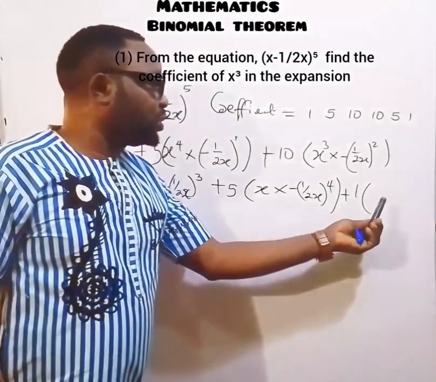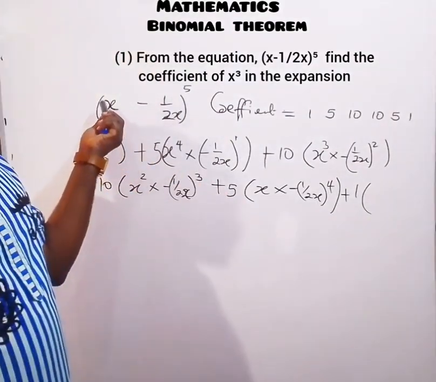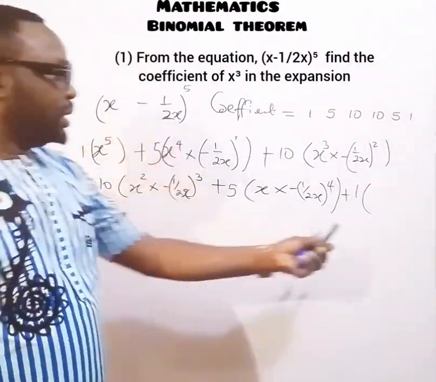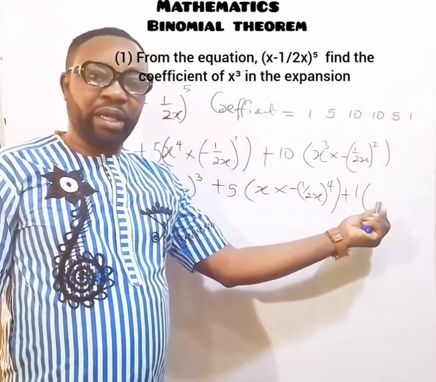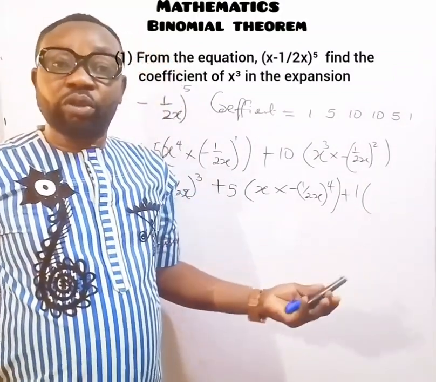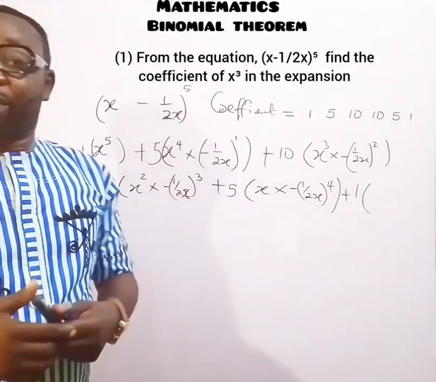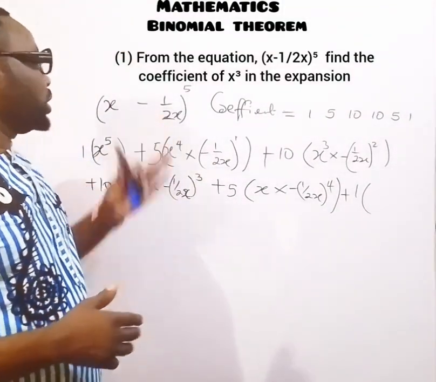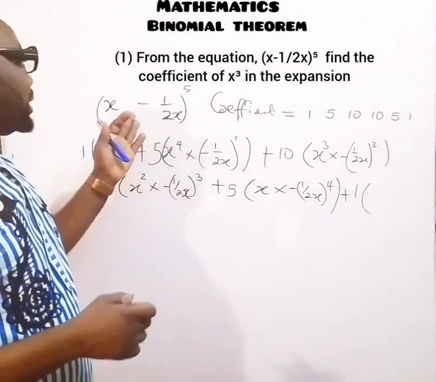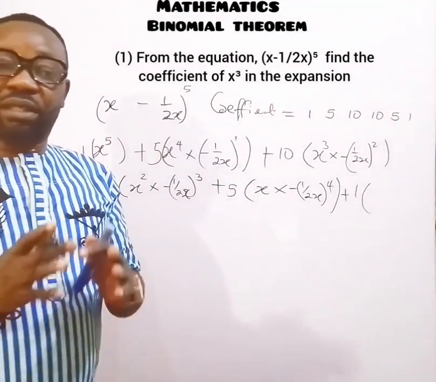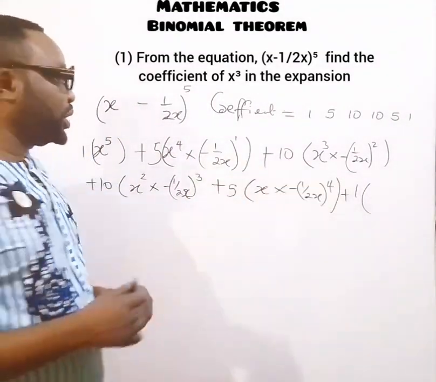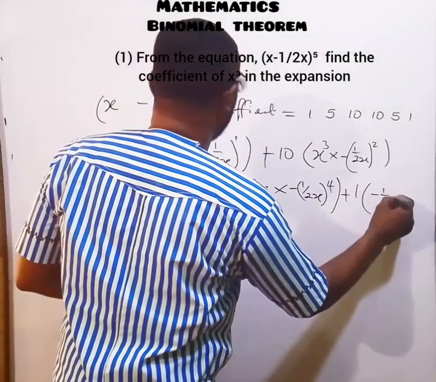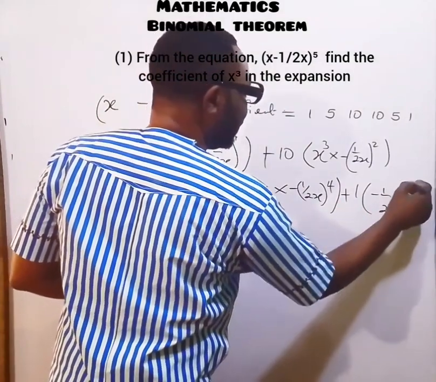The same thing happens to the first term, x: raised to the power of 0, it is equal to 1. So we don't need to put it there at all. We just put only the term that is needed, that will be (minus 1 over 2x) raised to the power of 5.